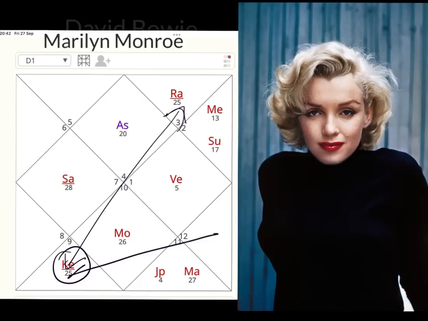Ketu aspects the house of father, loss, Ketu of father connection. Rahu aspects house of father, mystery, confusion, illusion. Who is the father? Rahu does that. Rahu and Ketu are aspecting siblings. She didn't have strong connection to her siblings. So we can see this influencing very strongly indeed.